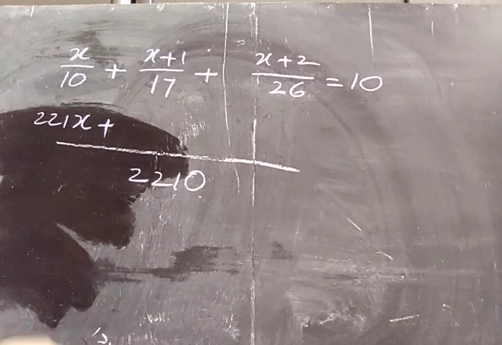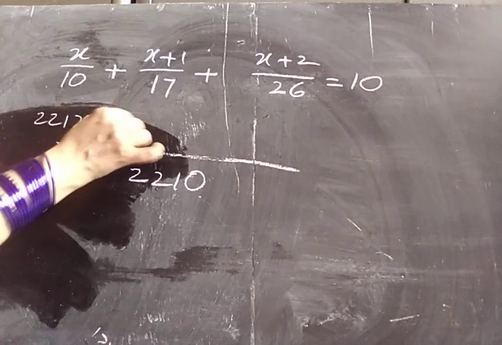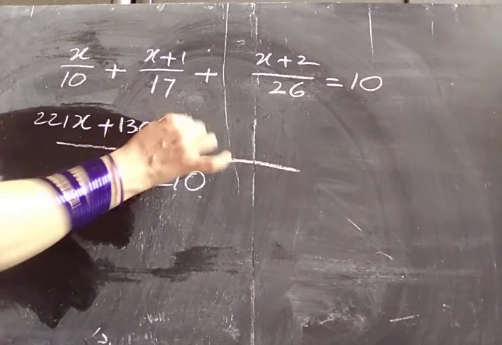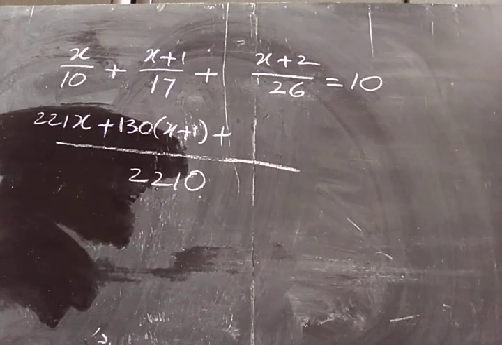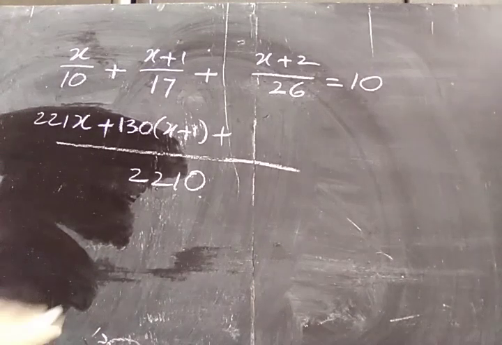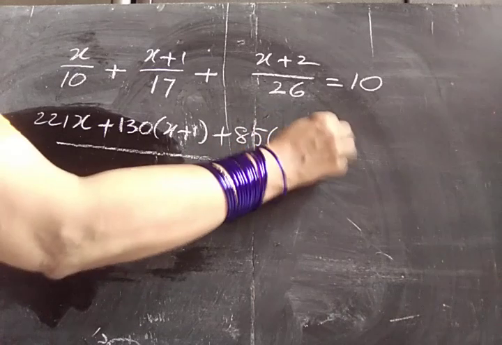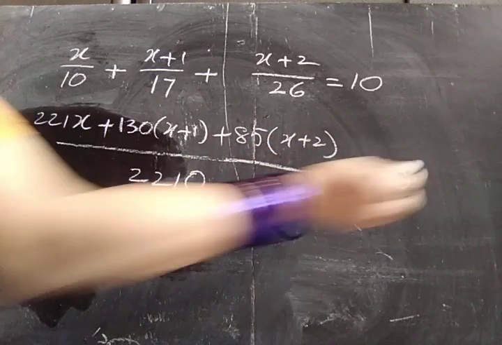You did it. So 17 means 130 times. So 130 into x plus 1 plus 26 means here this becomes 2 into 5 only. So 13 2s are 26. Then 17 into 5 is 85. So 85 into x plus 2 is equal to 10.